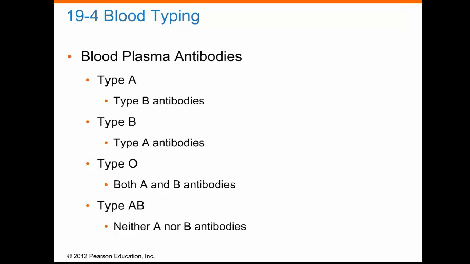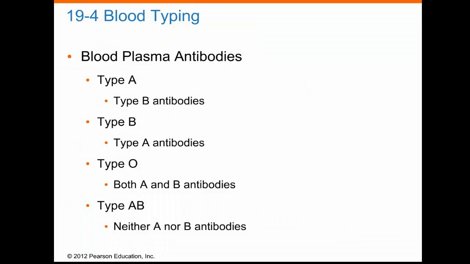Right, so now we're looking at plasma antibodies. A person with blood type A, which means they have A antigens on the surface, has type B antibodies circulating in their plasma. A person with type B has B antigens on the surface of their red blood cells, but type A antibodies circulating in their blood plasma.